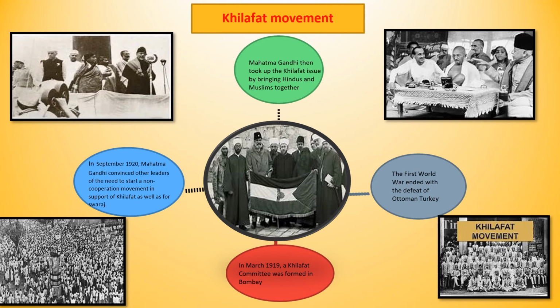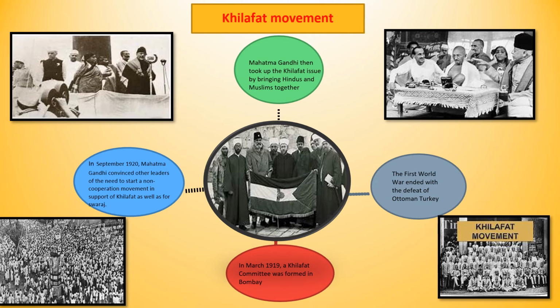So a movement called the Khilafat movement was launched in Bombay in the year 1919 to defend the Khalifa. This movement was led by the Ali brothers, Muhammad Ali and Shaukat Ali.